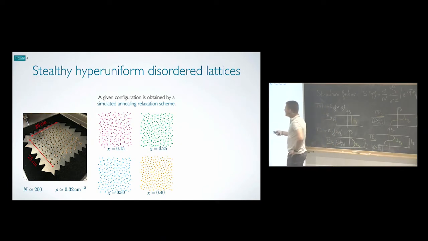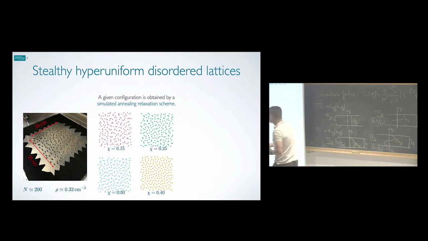Forget the jargon, but what is important in this hyperuniform device is that you have a system which exhibits disorder at short range, but correlation at long range. You have a disordered system, but without any density fluctuation at large scales. And you have a parameter, usually called chi, which controls the degree of correlation.